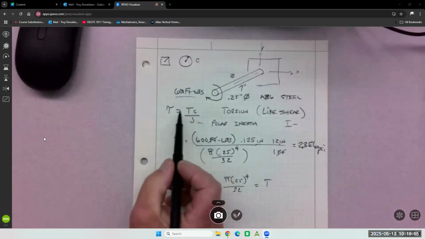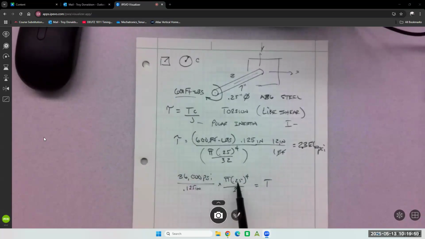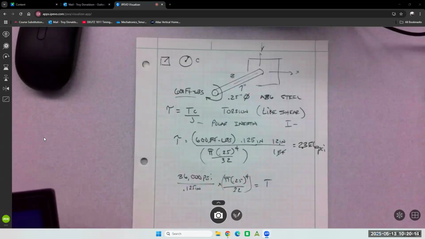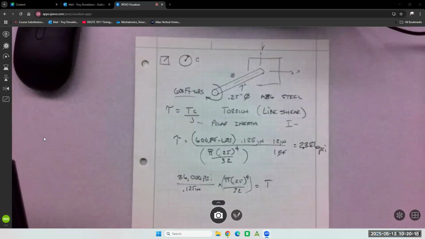So torque is the stress times J divided by C. That'll give us the allowable torque on this 1/4 inch shaft, with no factor of safety.